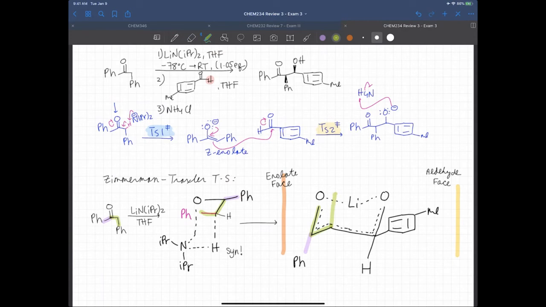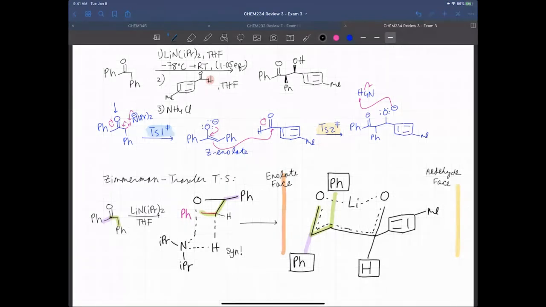Checking to see if you are paying attention, right? So be really careful about stuff like that. So the phenyl goes here, the phenyl and propyl goes here, and then you have your aldehyde and your R group. Let me write a note here to say that this hydrogen is always axial.